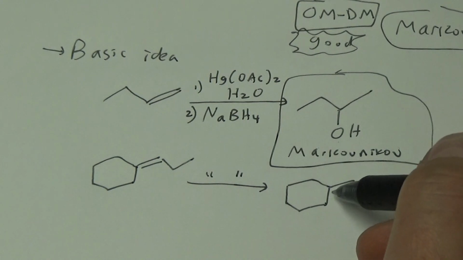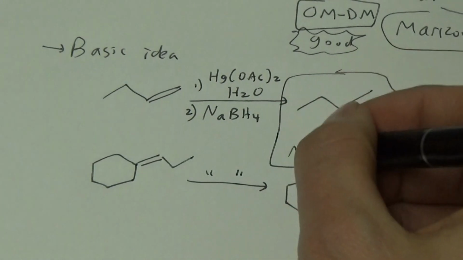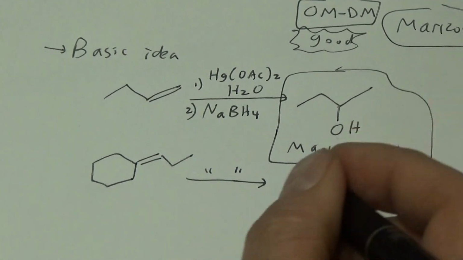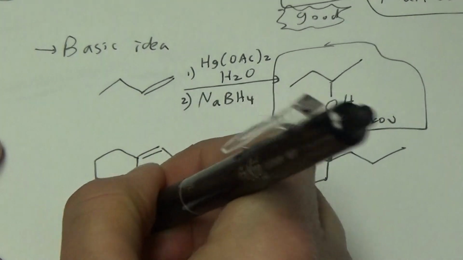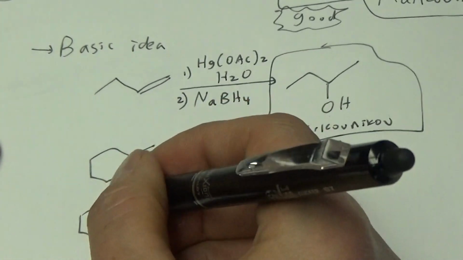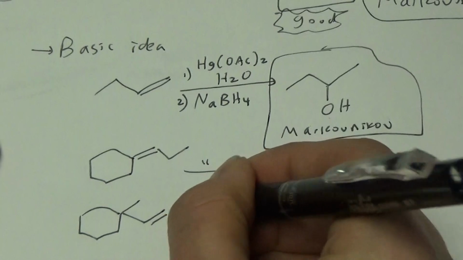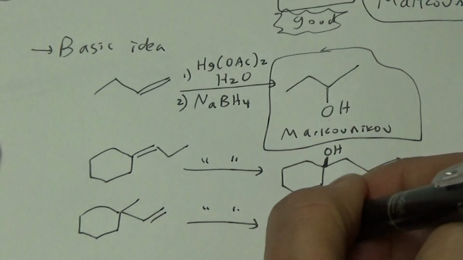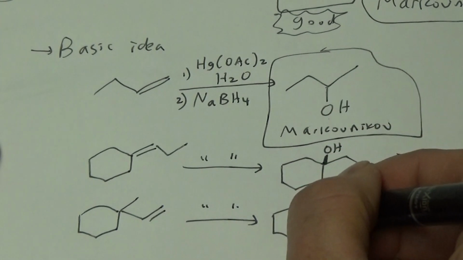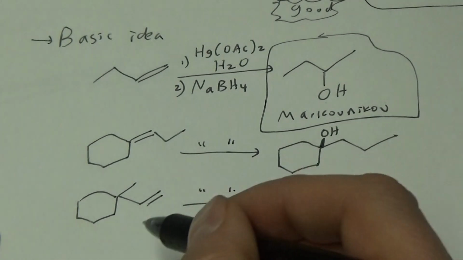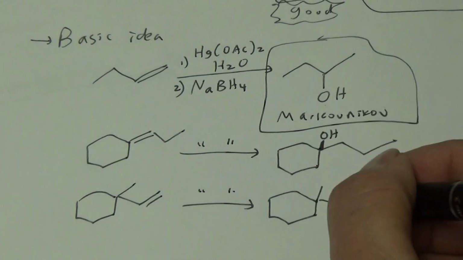So where's the Markovnikov alcohol of this guy? Well, it's right there. What about the Markovnikov version of this alkene? The carbon skeleton is not going to change, and where's the alcohol going to go? More substituted side, right here.